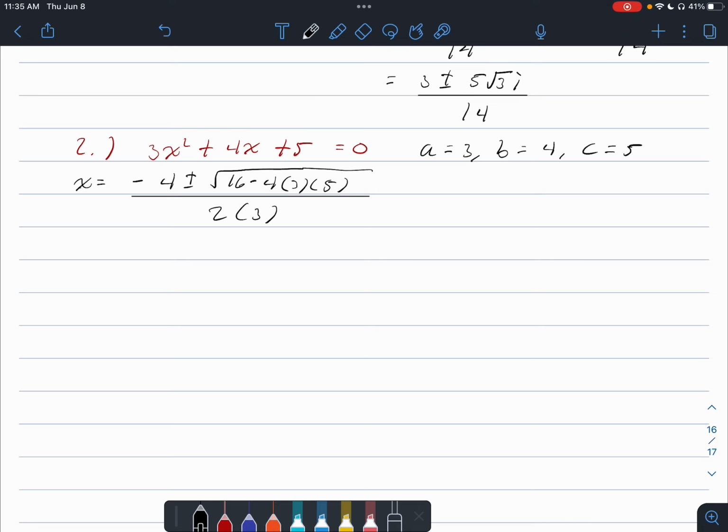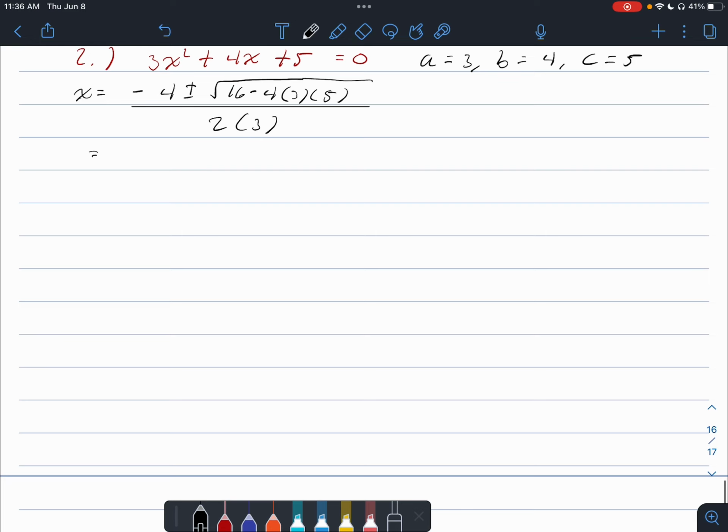Okay, so we can write this more simply as negative 4 plus or minus the square root of 16 minus 4 times 3 times 5. I believe that is 60. And this is all going to be over 6.